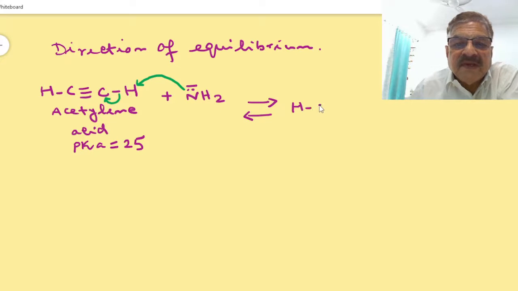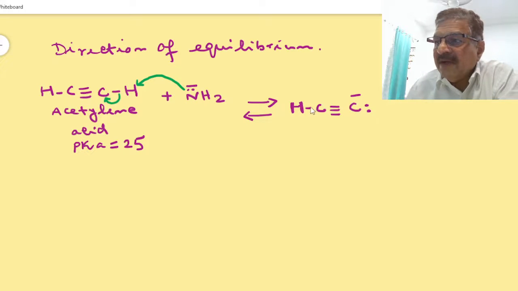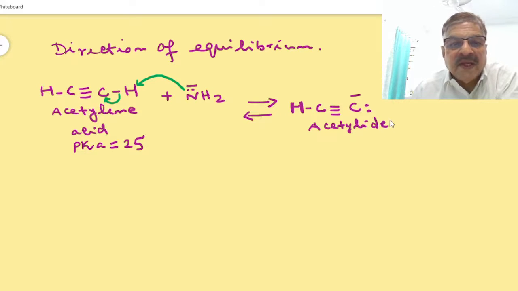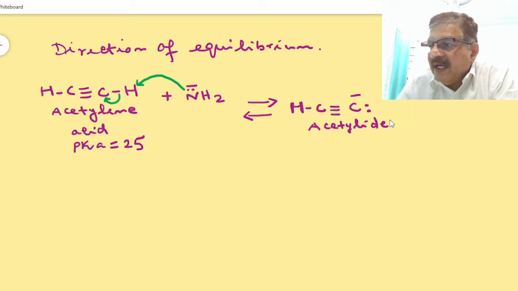This is HC, and this is the anion formed. This is the acetylide anion, the conjugate base of the acid here.